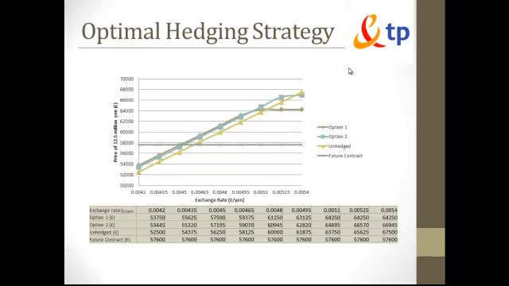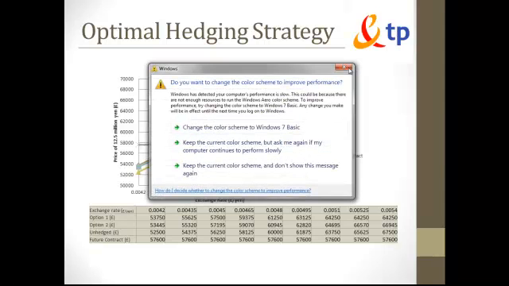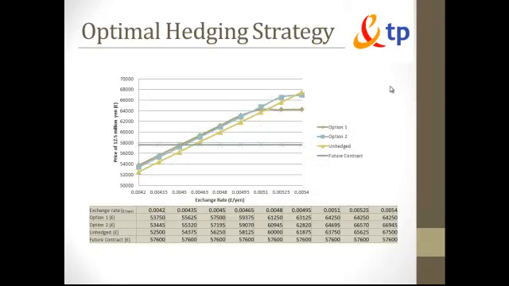So at no point does either option really be that beneficial to you in this scenario. So we would remain unhedged if we're expecting the exchange rate to depreciate substantially. If it's still depreciating but not as much, we would go with the future contract.